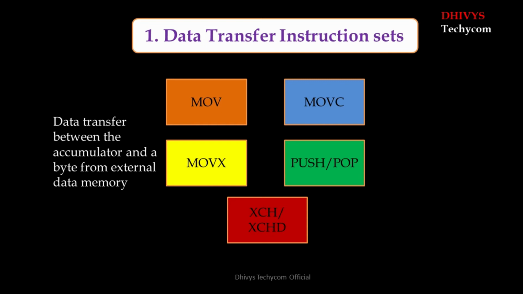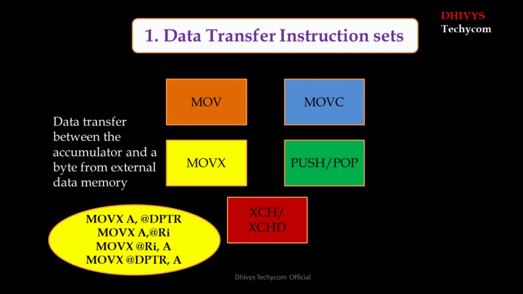So whenever you are going to move data from the internal source to the external, we have to move the data to the accumulator, and then from the accumulator you will be moving the data to the external device. That is the concept. Internally, whatever process or register bank you want, you can do it. But to move to external devices, I give the data finally to my accumulator, and from the accumulator I will move to my external devices with the help of data pointers. That is all about MOVX, okay?